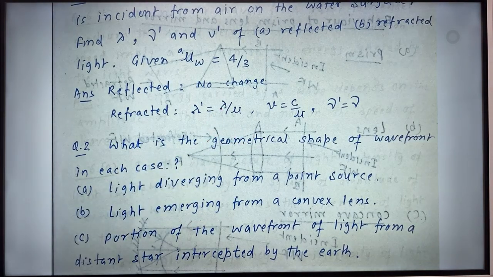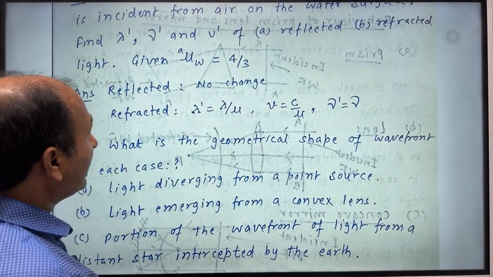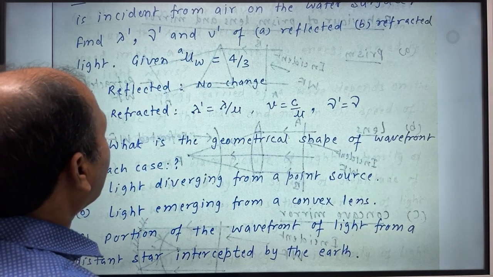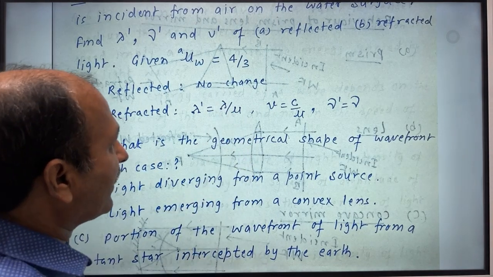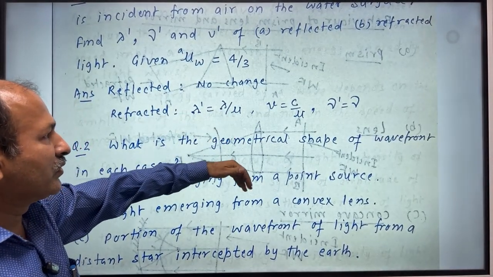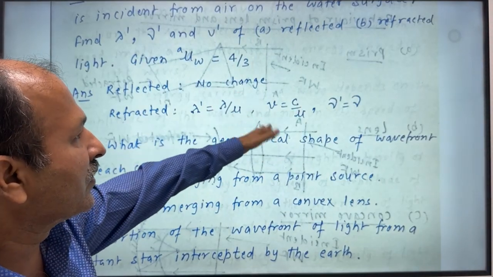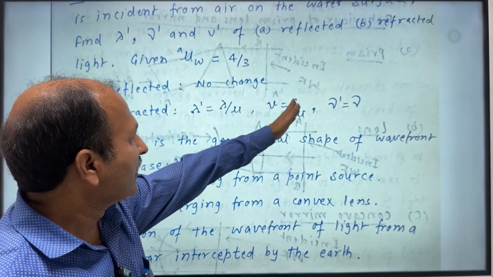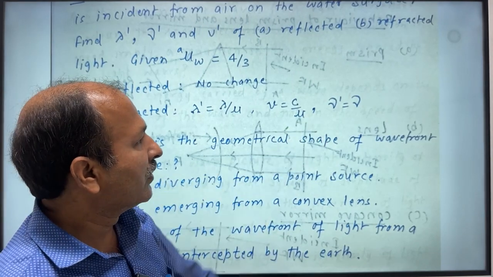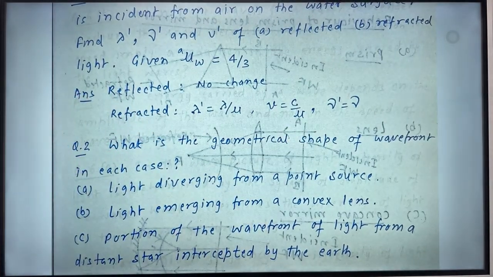If lambda is the wavelength in air, and mu is the refractive index of the medium in which light enters, then lambda dash will be lambda upon mu. Similarly, the speed in the medium in which light is entering, whose refractive index is mu, will be c upon mu. And the frequency, being an internal property, does not change.